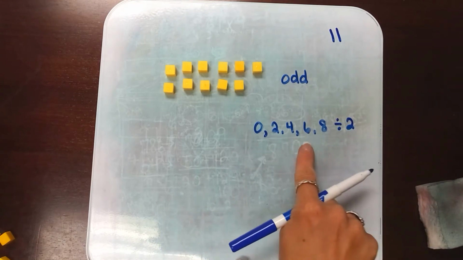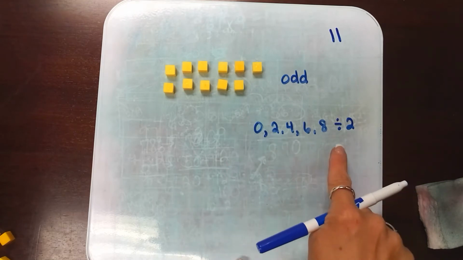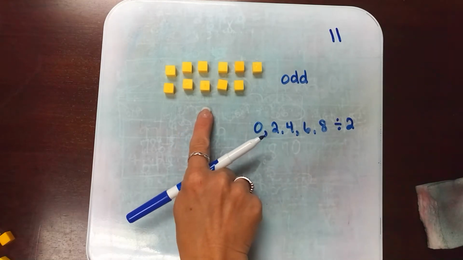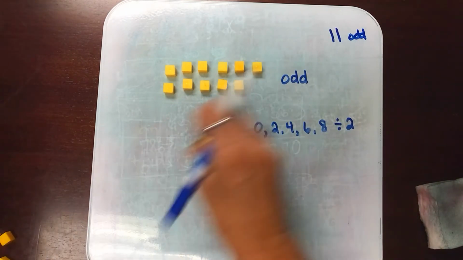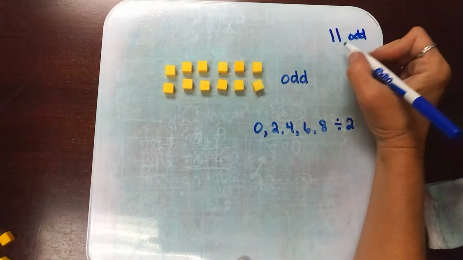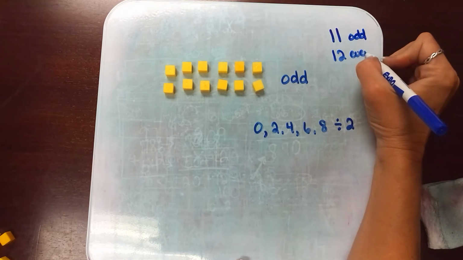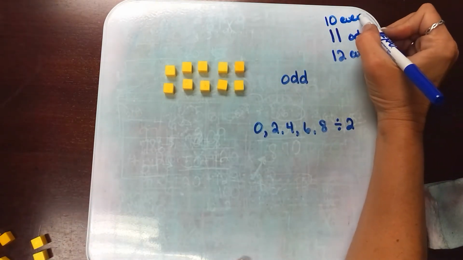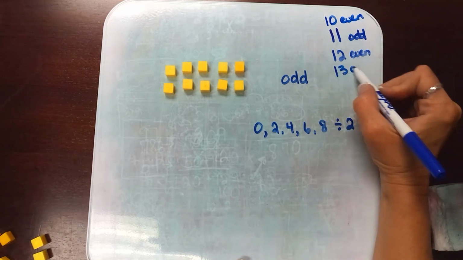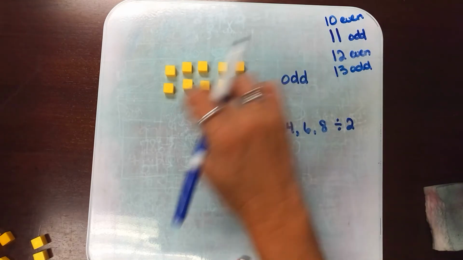But we don't want to just teach this to students. We don't want to just tell them this. I want them to do enough of this. 11 is odd. All right, so what about this one? Well, 12 is even. All right, well, let's try 10. Well, 10 is even. Okay, what about 13? Oh, well, 13's odd.